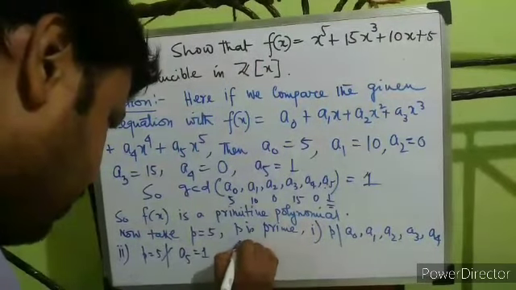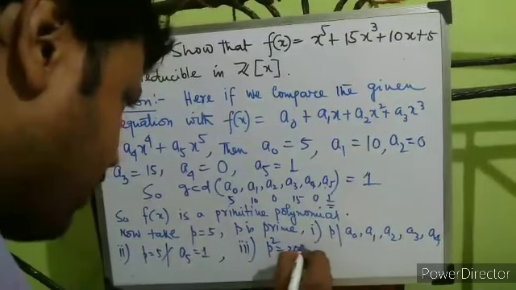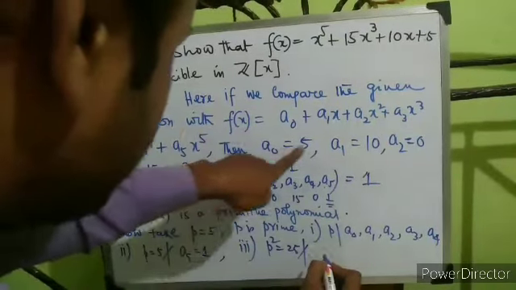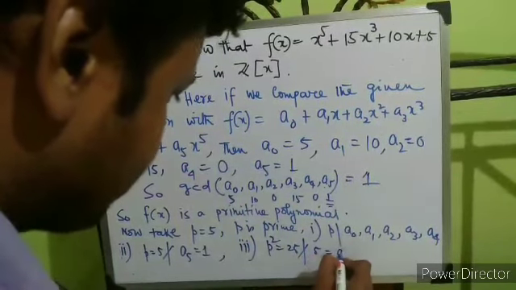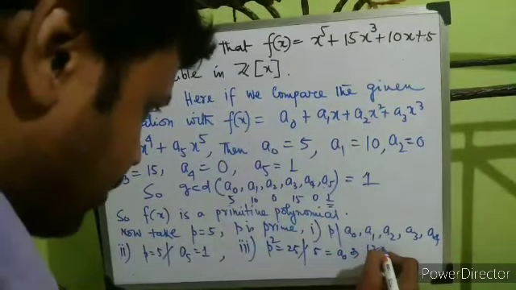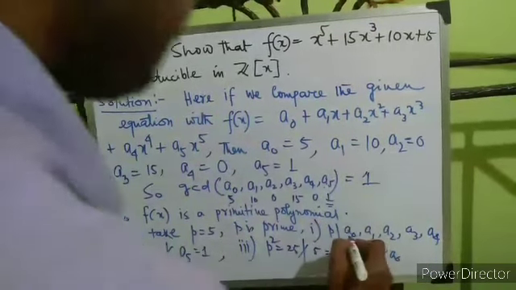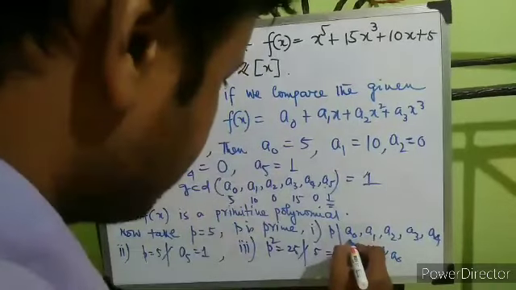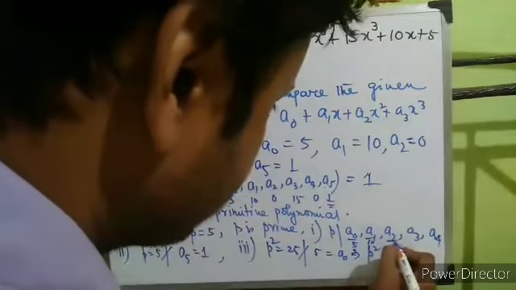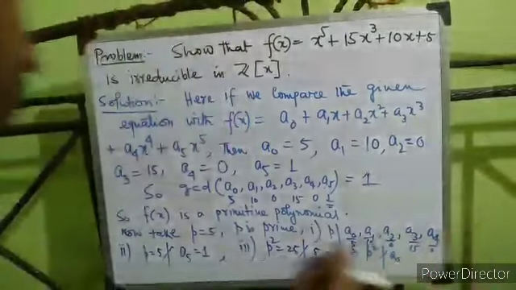Number 3, p square equal to 25 does not divide the constant term a0. So p square does not divide a0.